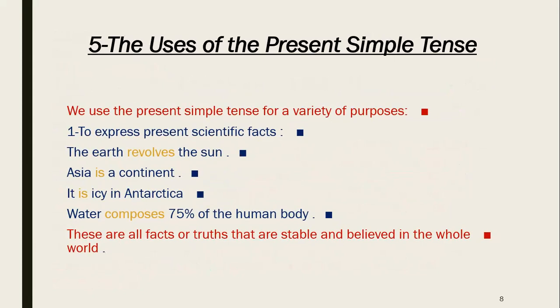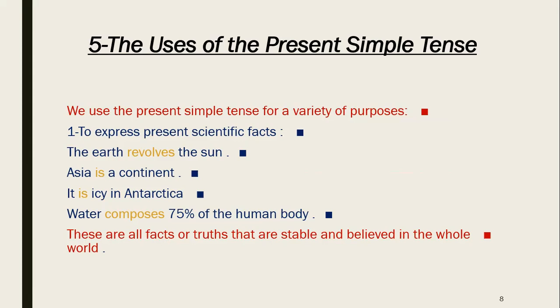Number one, we use the present simple to express a fact, and I mean by fact, a scientific fact. What do I mean by a scientific fact? Something or a truth that is accepted and believed in all parts of the world. Like, for example, and remember, this is a present fact: the earth revolves around the sun. Asia is a continent, is a verb in the present simple.